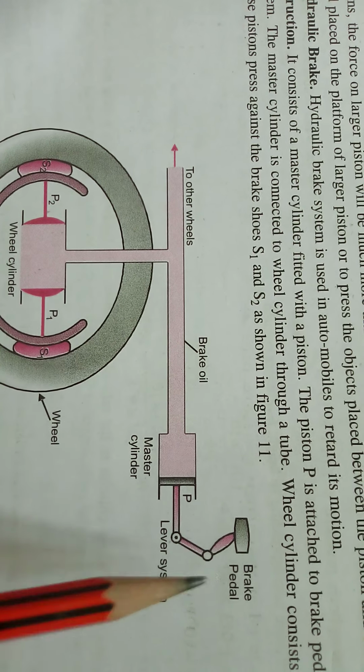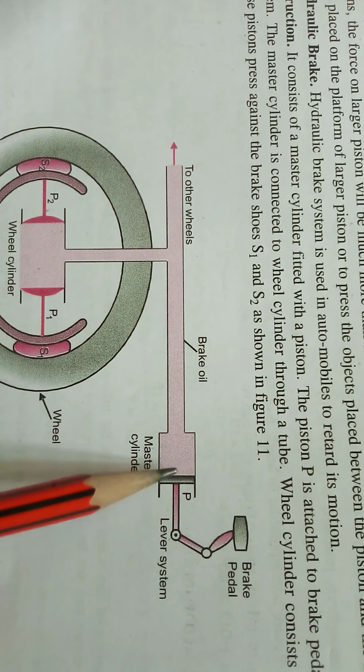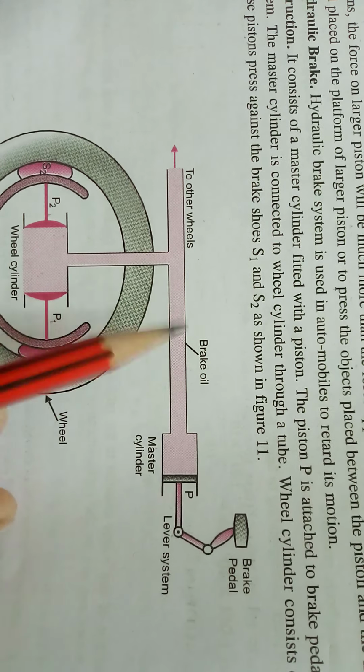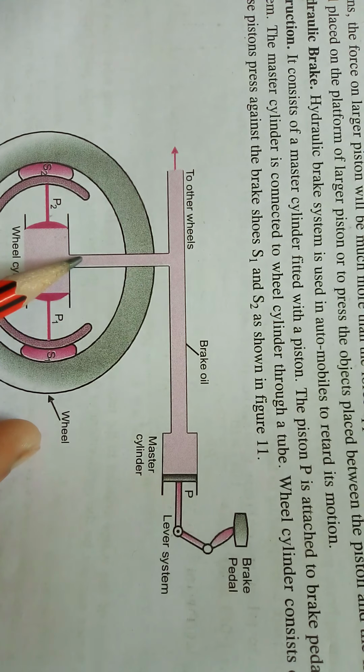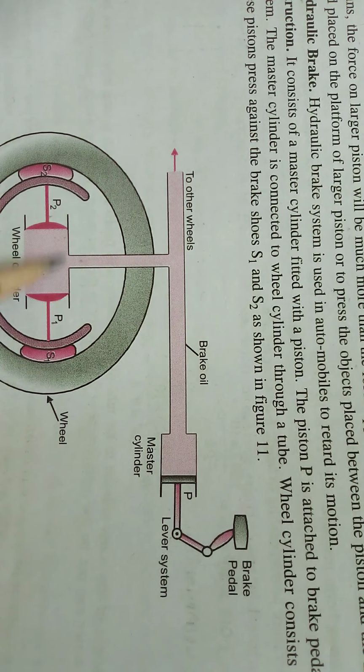Clear? Students, when the brake pedal is applied, the brake oil spreads equally to both of these. It means that now the brake oil is filled in the wheel cylinder.